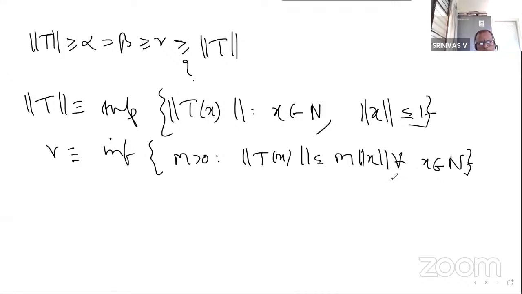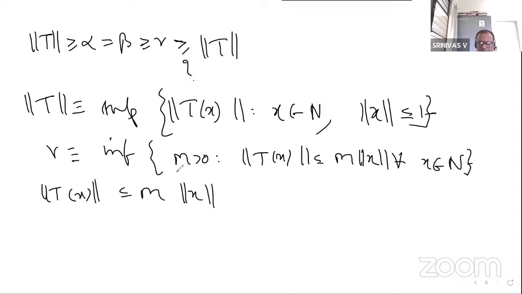If you take these elements, can I show that for these values, norm Tx is less than or equal to m norm x?